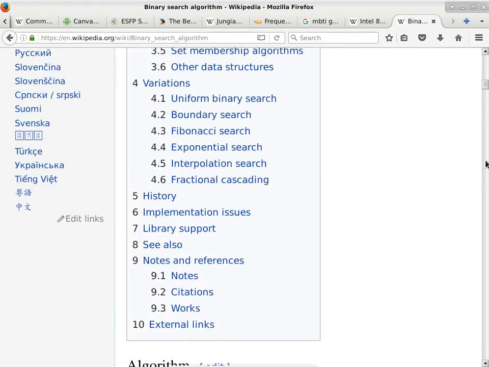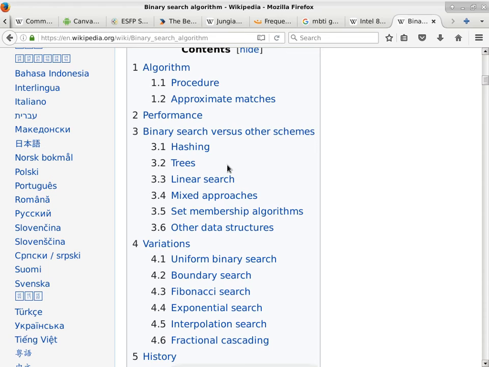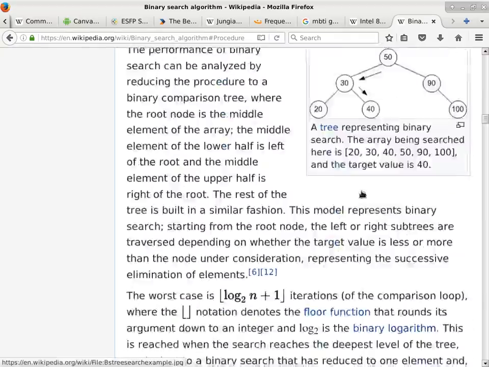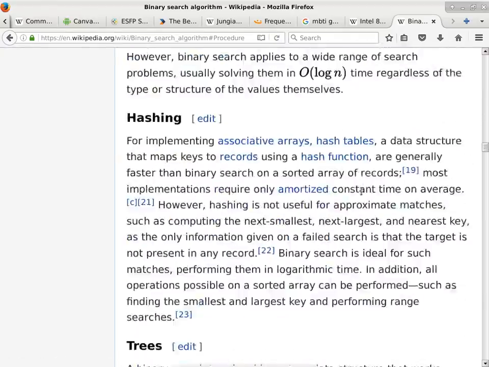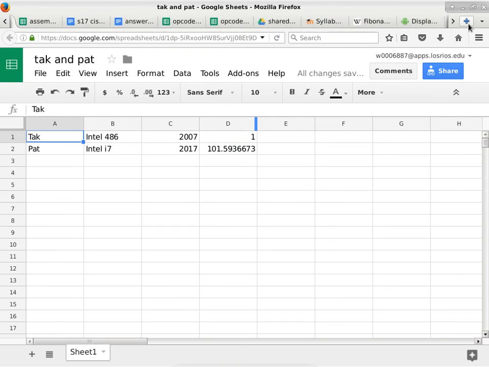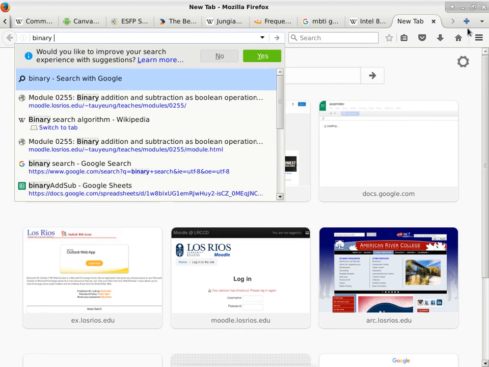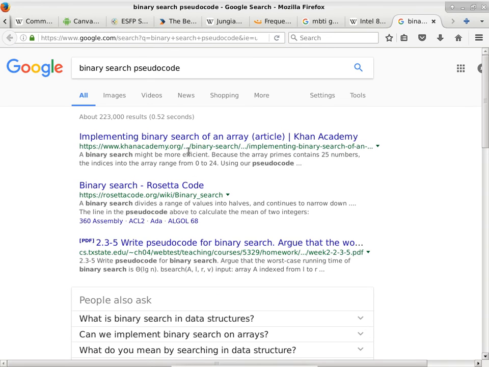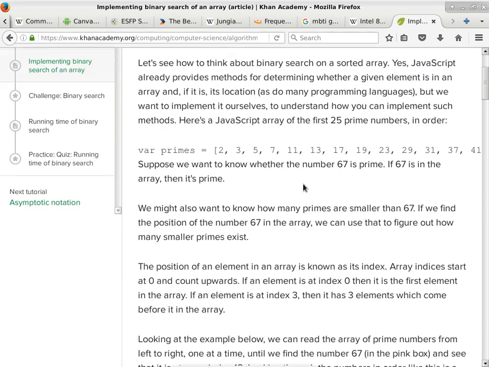So we're looking for the algorithm. I just want to show you what it looks like. It doesn't show the actual pseudocode of binary search. Well, that's okay. You'll find this binary search pseudocode. There we go. We should find one here from Khan Academy.